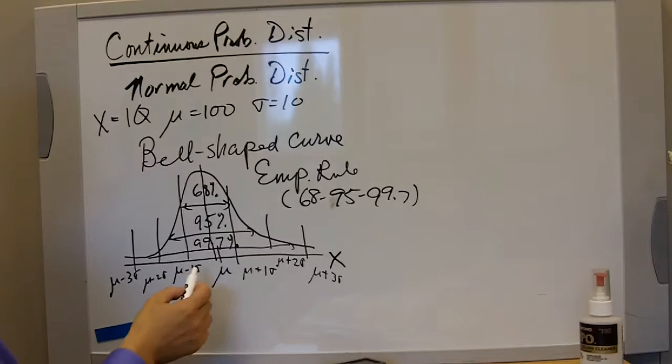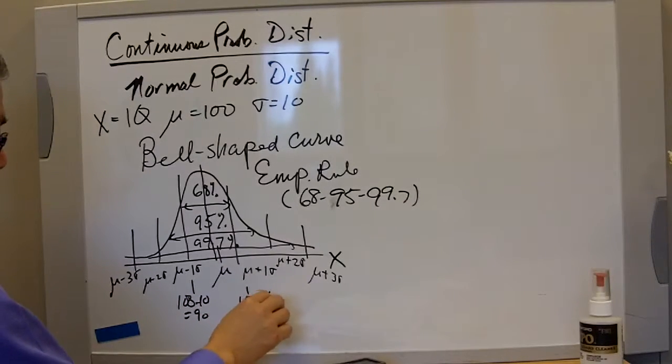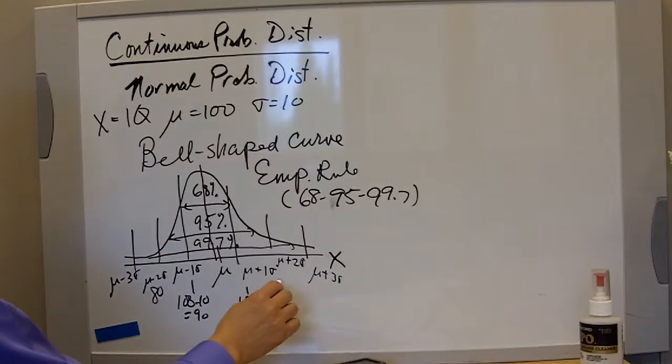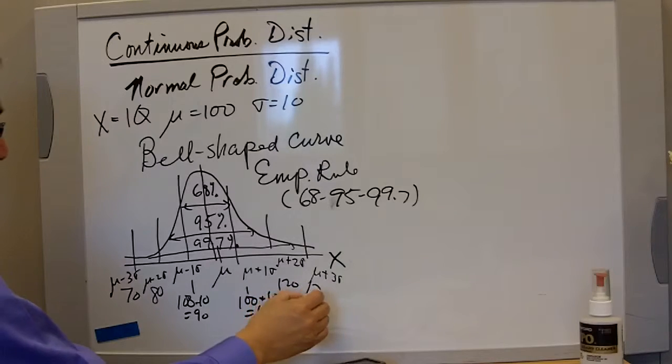Then 68% of the people would have an IQ score between 100 minus 10, or 90, and 100 plus 10, that would be 110. So 68% of people would have an IQ score between 90 and 110, then 95% would have an IQ score between 80 and 120, and 99.7% of people would have an IQ score between 70 and 130.